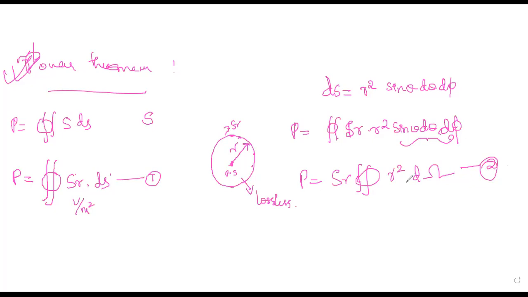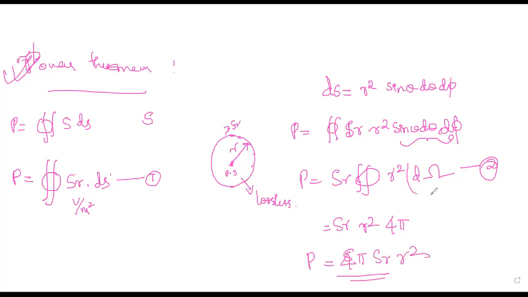You remember the first one we have solved. The integral over d omega of a sphere will give you 4 pi. So this will be r square, and the integral over d omega is 4 pi for a sphere. So you get the equation as power is equal to 4 pi SR into r square.